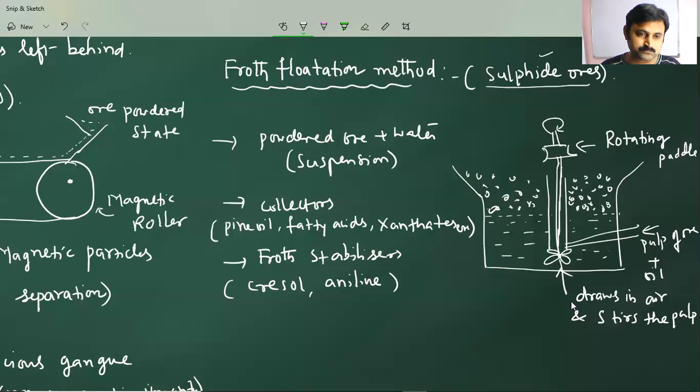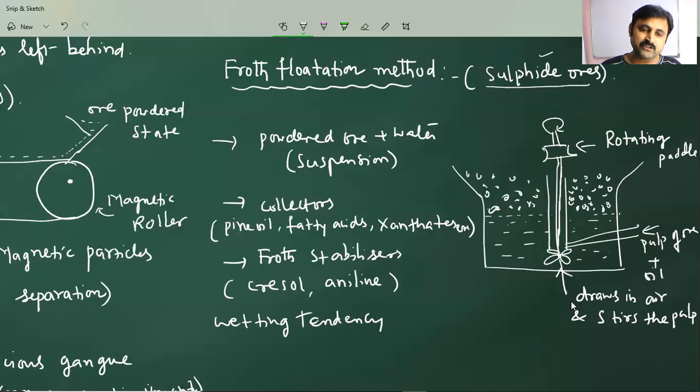And the role of froth stabilizers is to stabilize the froth. The name itself makes it very clear. That means mineral particles become wet by oils while gangue particles are wet by water. So what is the wetting tendency?